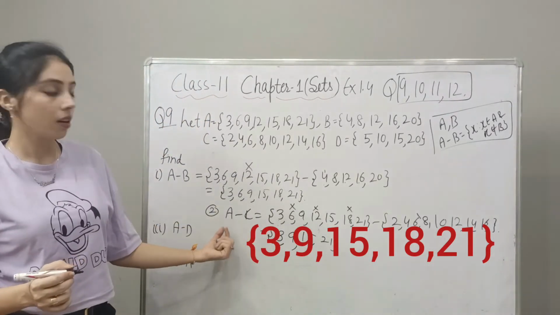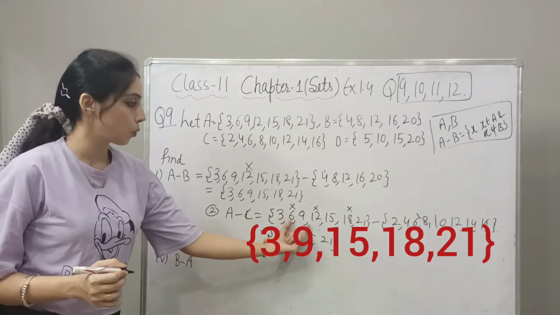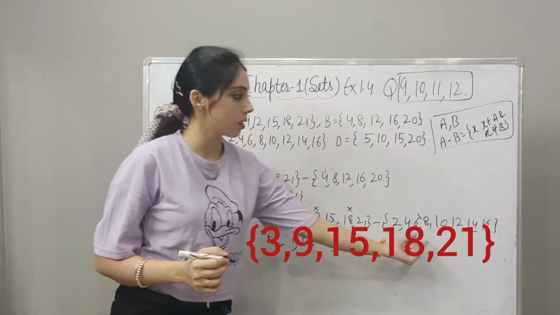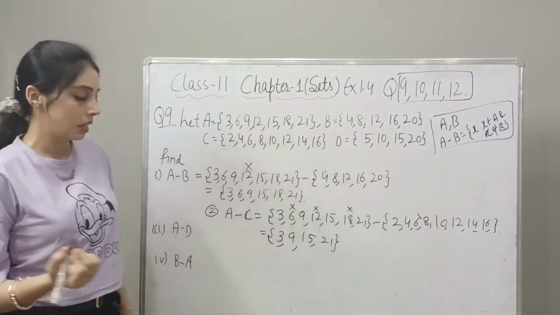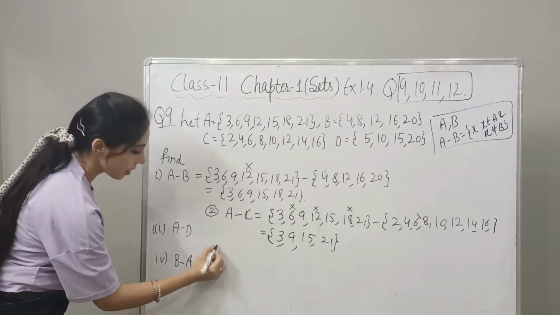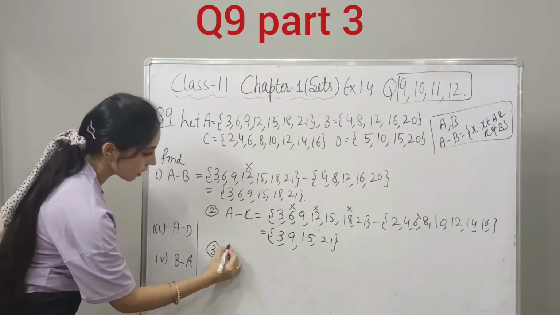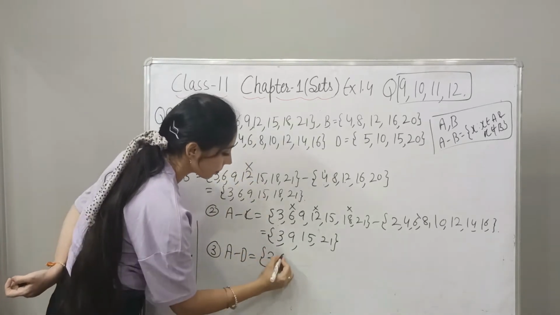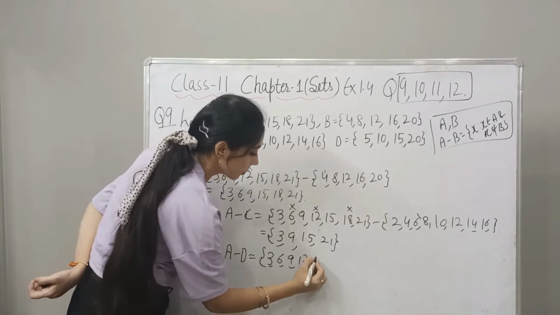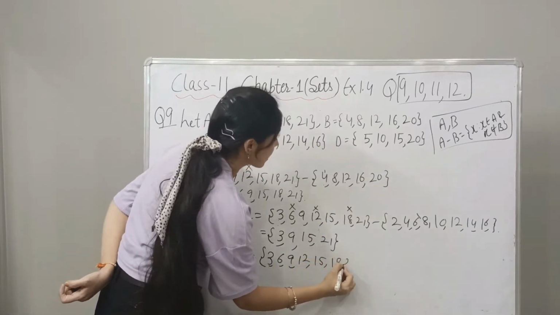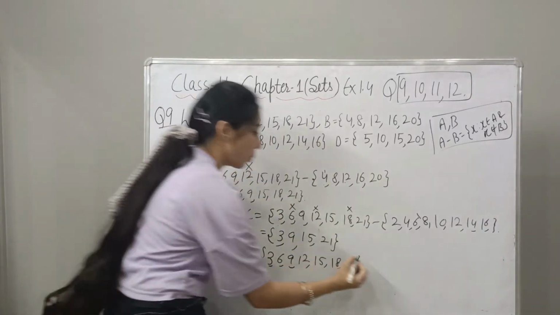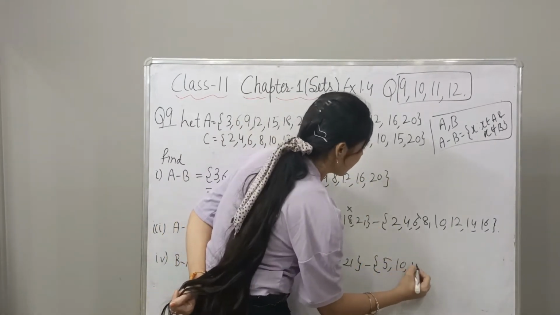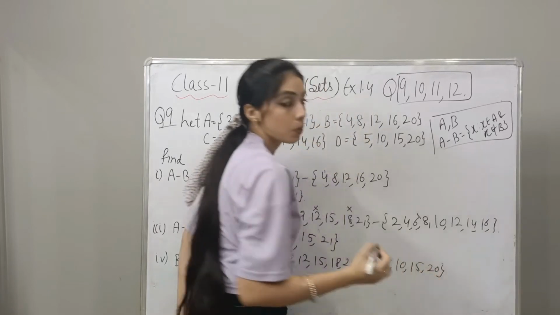So we are writing those elements of A which are not in the set C because these are not multiples of 2. Now let's discuss part 3, which is A difference D. A is this set, and D is all the multiples of 5 which are less than 25.